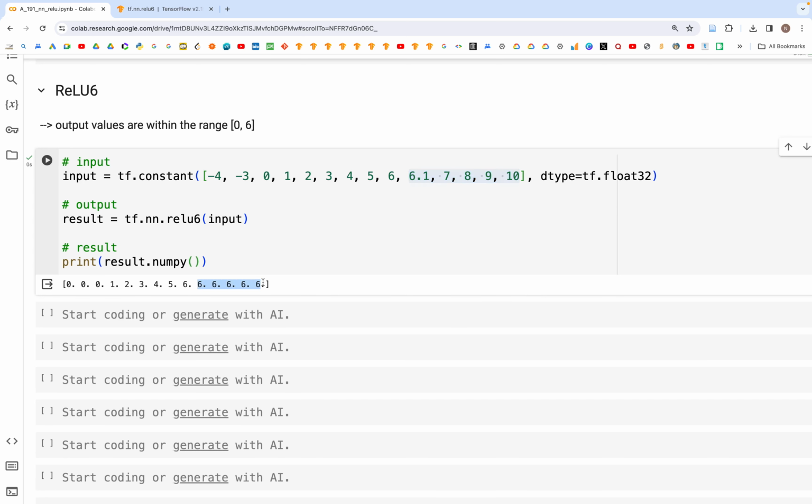All of those are converted to 6. So the relu6 sort of ensures that in the output, all the values are between the range of 0 and 6, both included.